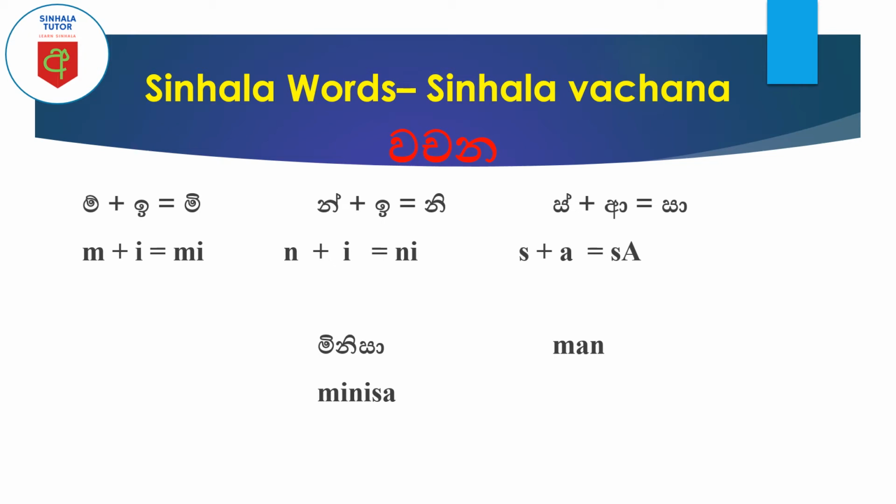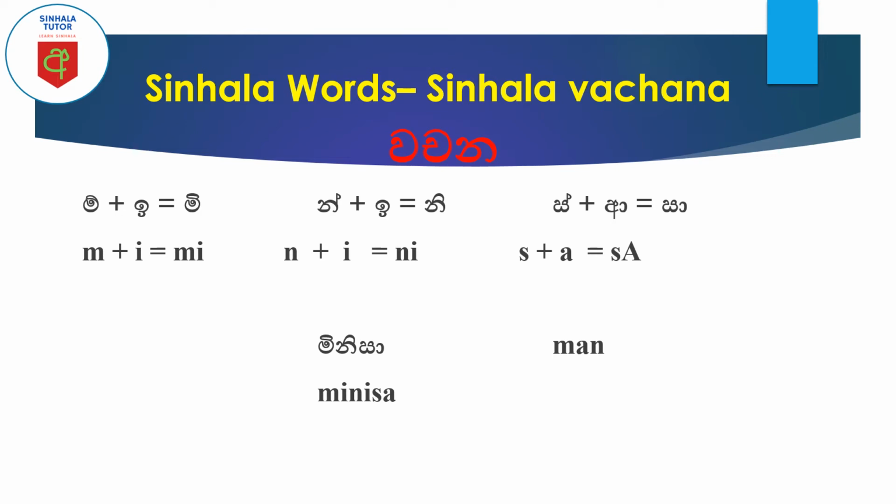Sometimes in Sinhala they call it miniha also, and manushya. So the same word is told in different ways in a single language. The normal meaning is minisa. In English you call it man. Right.